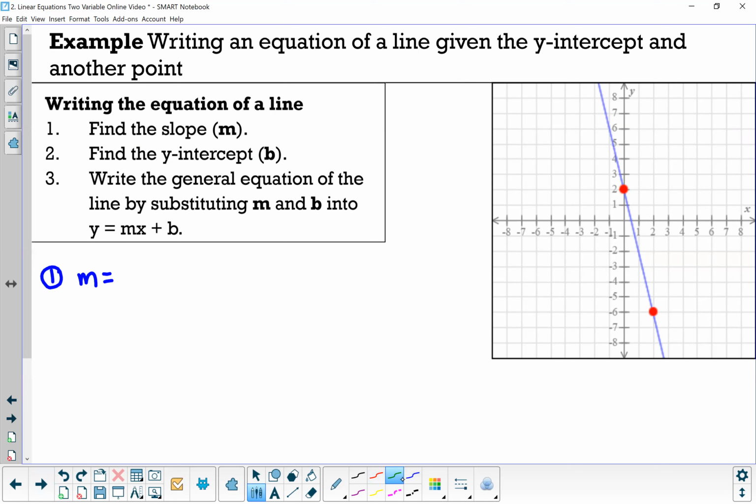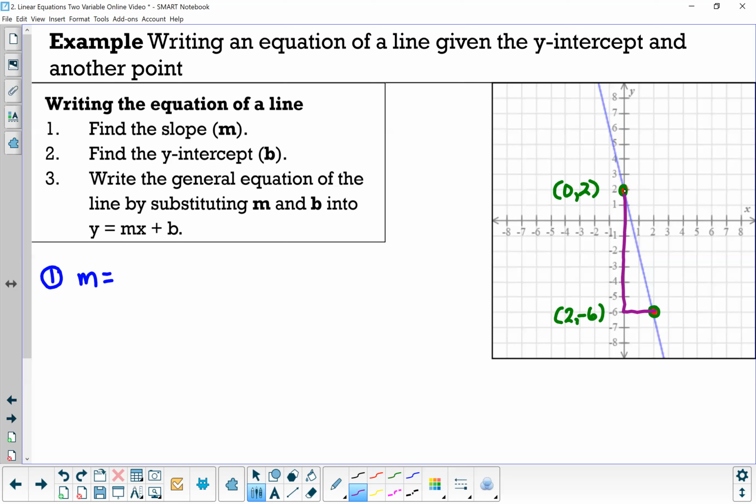If I start from this point here, which is (0, 2), and then travel to the second point, which is (2, -6), I'm going to start by going down and then to the right.